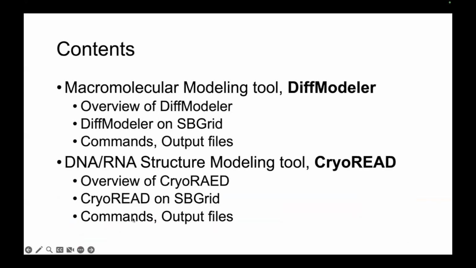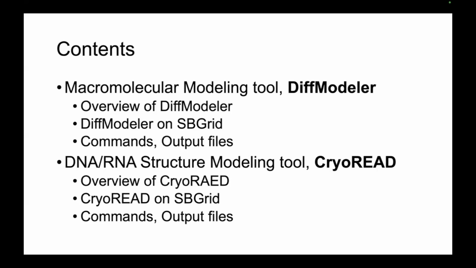I want to talk about the overview of DiffModeler and its algorithm. Then I will show the DiffModeler tool on SBGrid: the command, how we can use DiffModeler on SBGrid, what the output files look like, and how we can see the intermediate files.